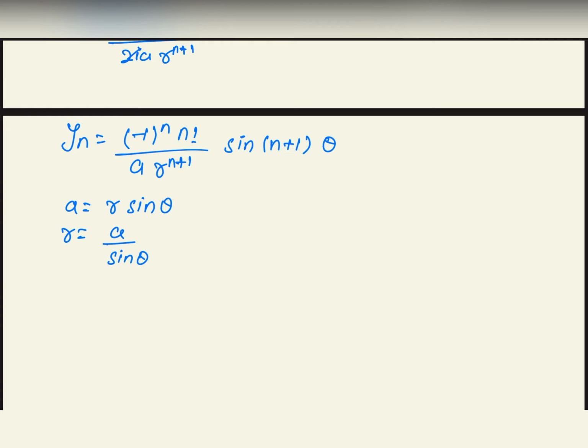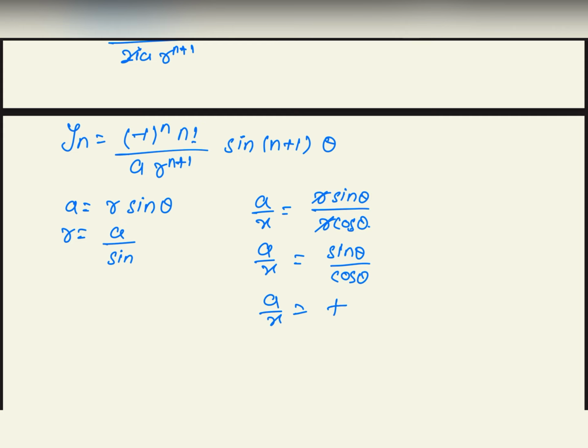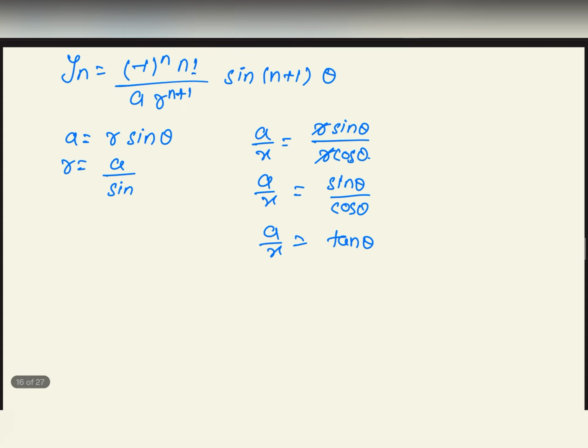And a divided by x, that is a is equals to r sin theta by r cos theta, r get cancel, a by x is equals to sin theta by cos theta. So a by x is equals to tan theta, hence theta is equals to tan inverse a by x.